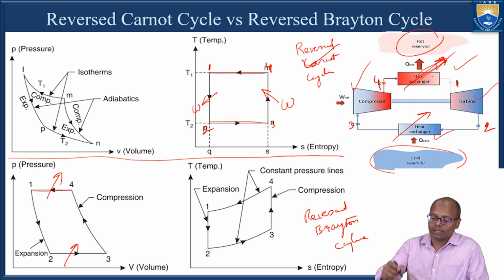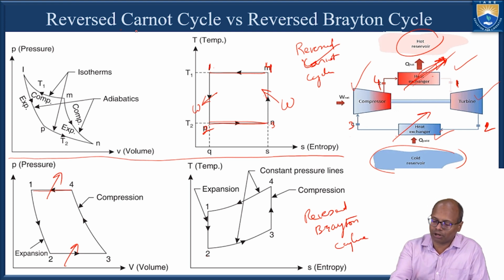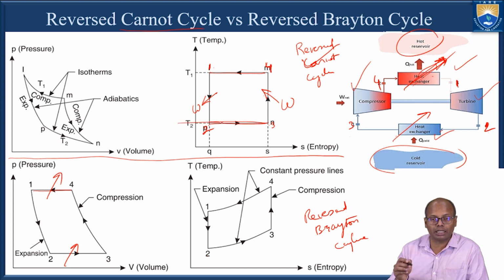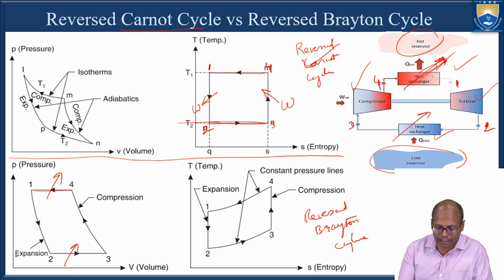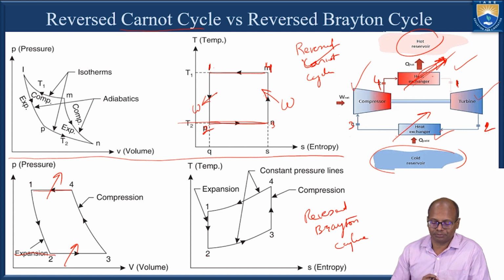Now, what we were discussing, the point 1 to 2 is an isentropic expansion process, and 2 to 3 is a heat absorption process. In case of Carnot cycle, it is a constant temperature process. You can see here a constant temperature is maintained. But in case of a reversed Brayton cycle, you can see a constant pressure is maintained.